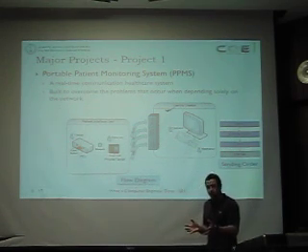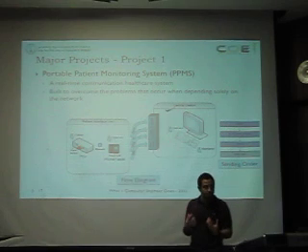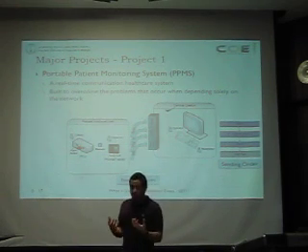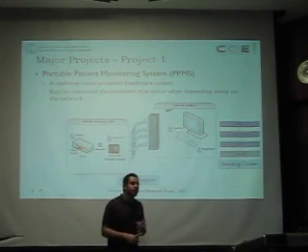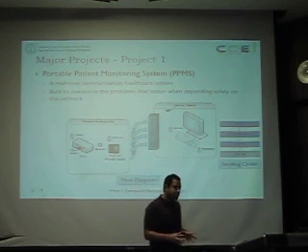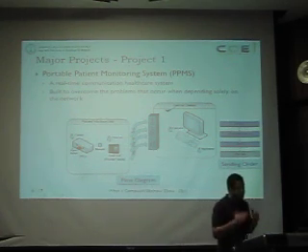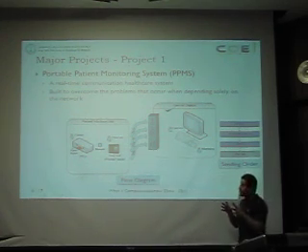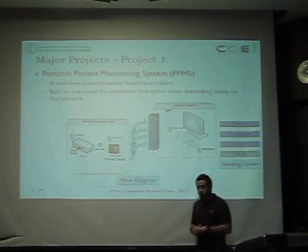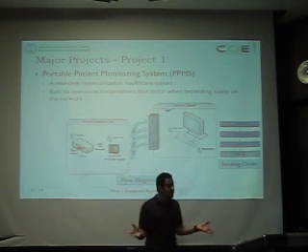The patient interface unit, of course, has sensors connected to it. These sensors can measure, for example, the blood pressure of the patient, the body temperature, and then send those data to the central station to monitor the status of each patient.